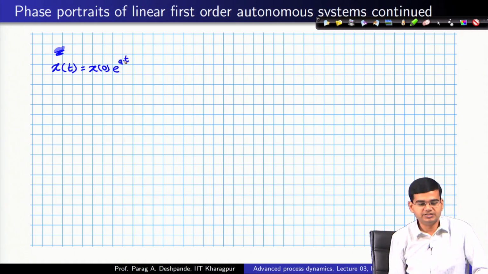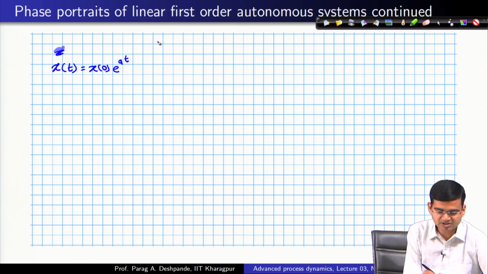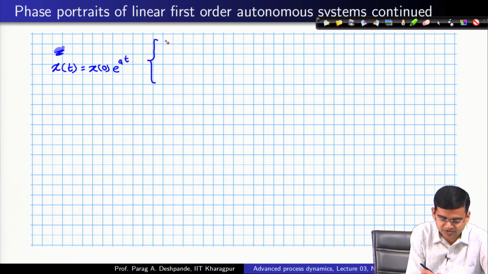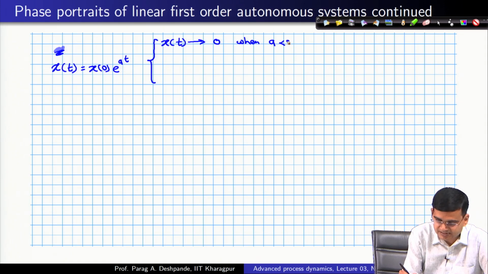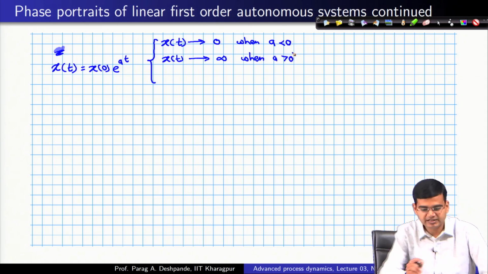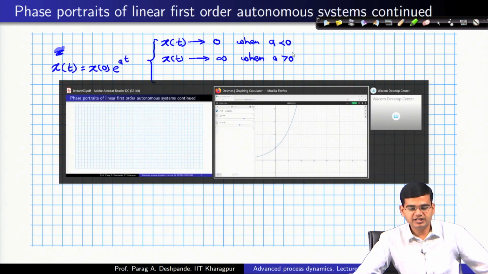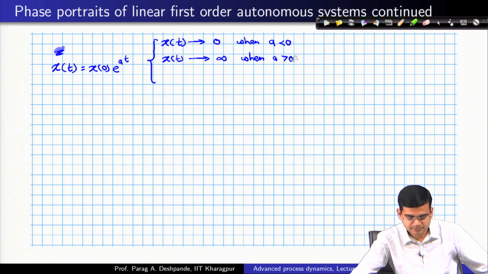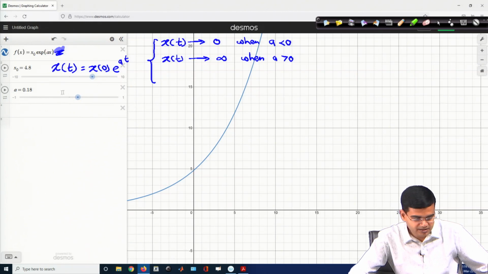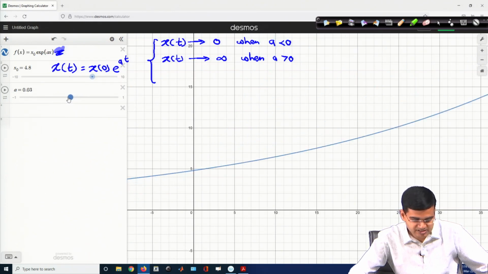This is the solution, but what happens to this solution as time t tends to infinity? x of t tends to 0 when a is less than 0, and x of t tends to infinity when a is greater than 0. And then I see one more thing here: if a is equal to 0, let me set a equal to 0.